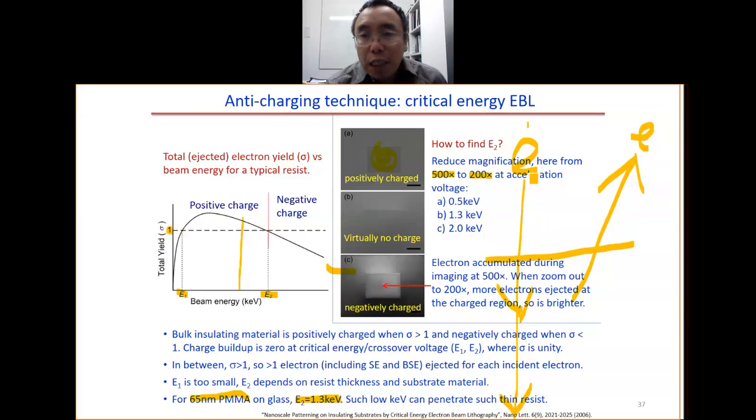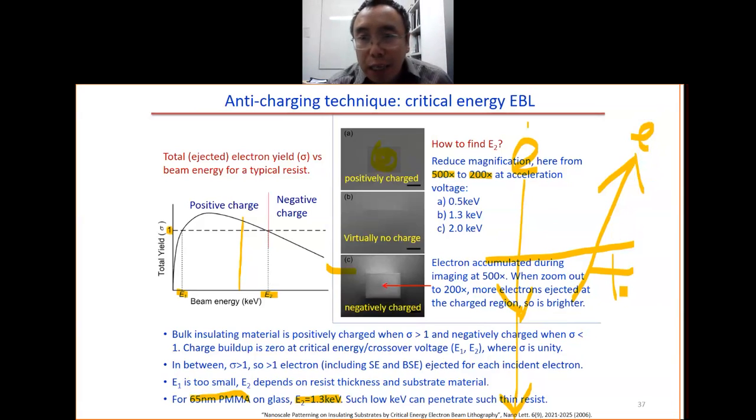That means for one electron coming in, maybe 1.5 electrons come out. This way, this area will be positively charged, because more electrons come out than come in. This positive charge pulls the electrons back because of the attractive force.